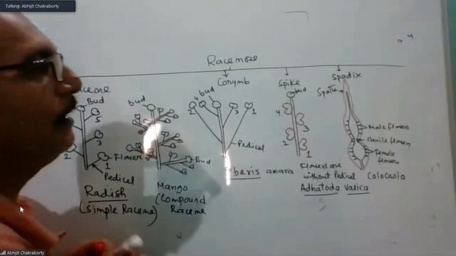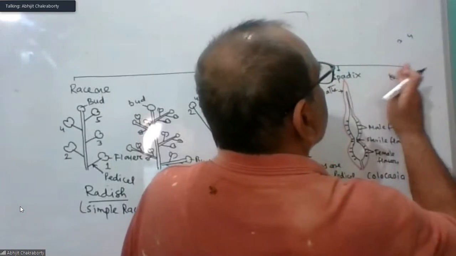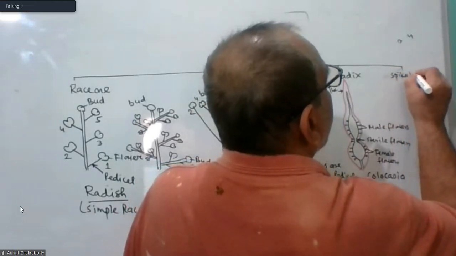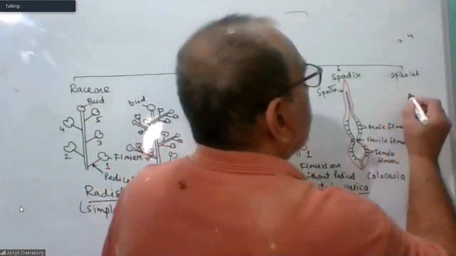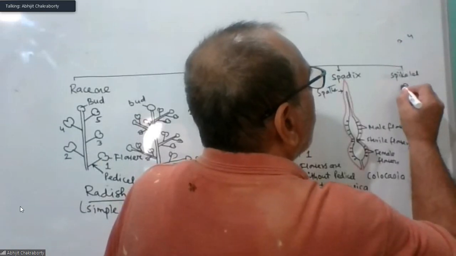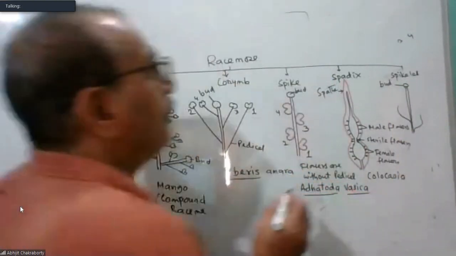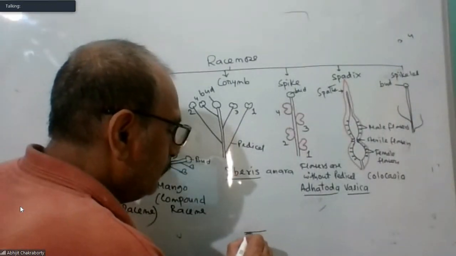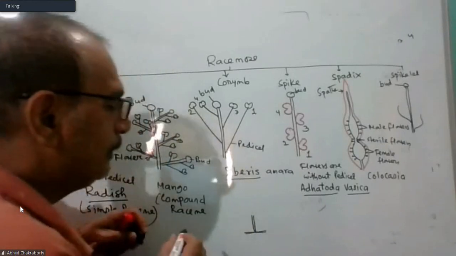Then comes another type, capitulum, or spikelet, to say. Next, first, spikelet. What about the spikelet? You see, again the bud. The interesting thing is here. First of all, you remove some flowers. Suppose this is a flower.